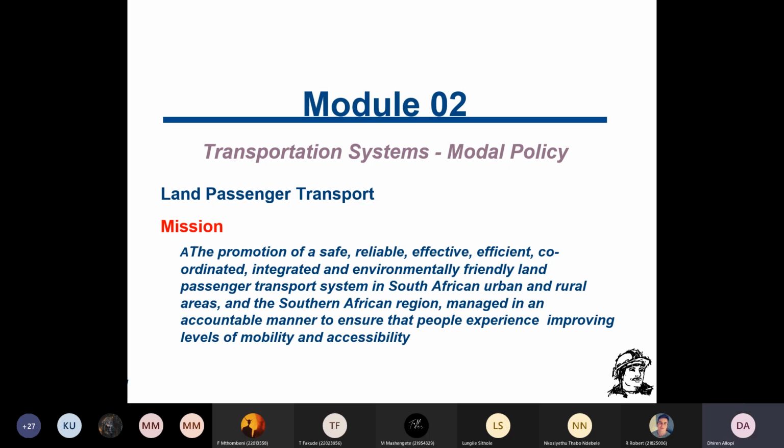So there we have module 2 then, and this module again deals a lot with the policy aspects. So again, I'm not going to labor this and go through word for word. It's not the intention of this presentation, but to highlight again the keywords, and the onus is on you to go back and read through the information.